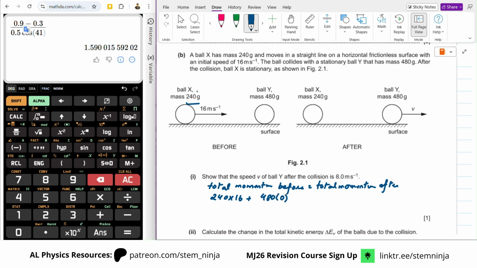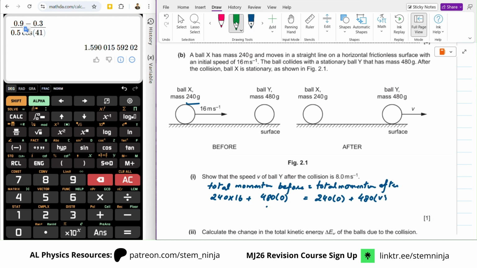We don't need to convert this into kgs because all the masses are in grams, so all the mass values are multiplied by 10 raised to the minus 3. Total momentum after, so 240 times 0 plus 480 grams times v.